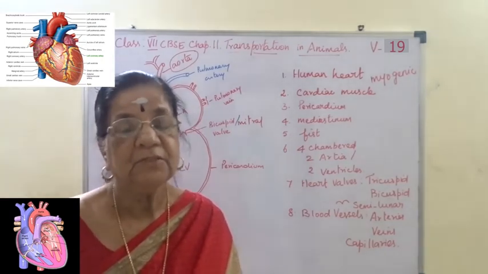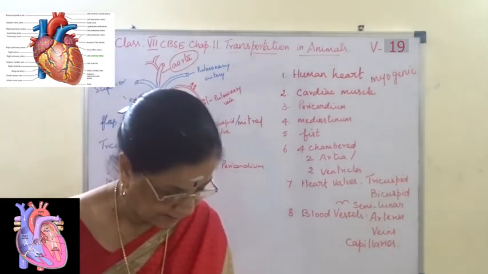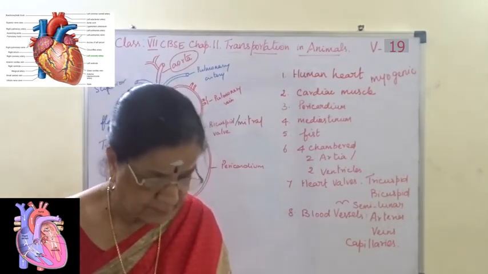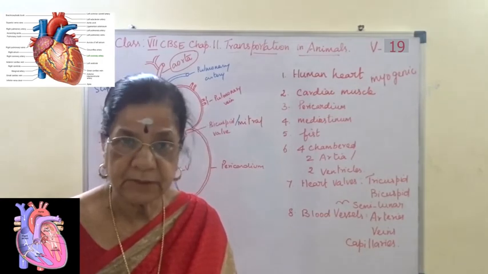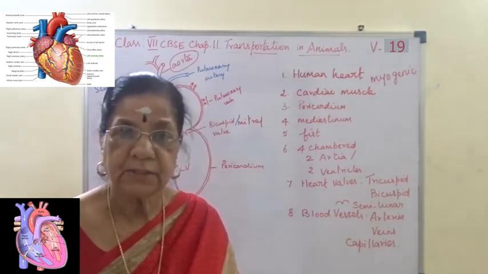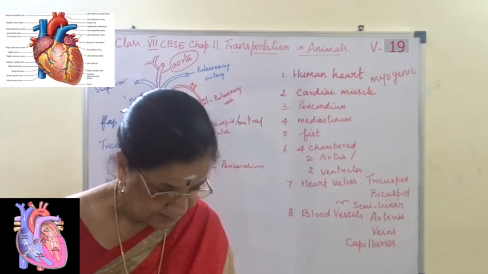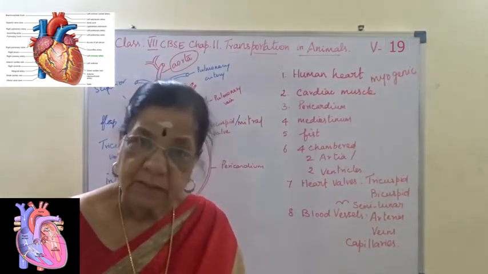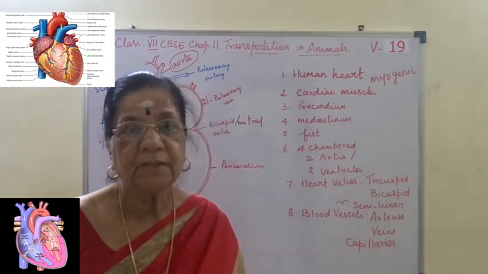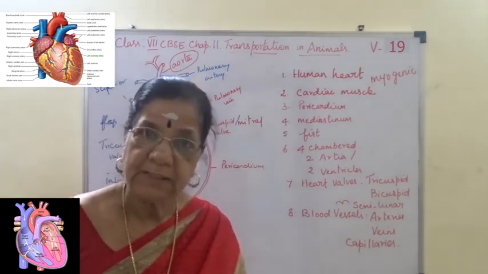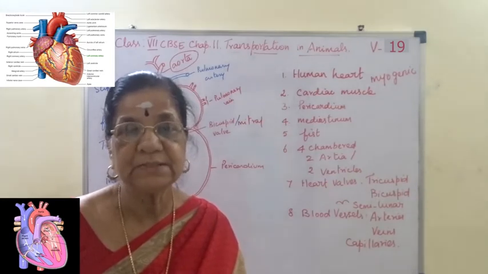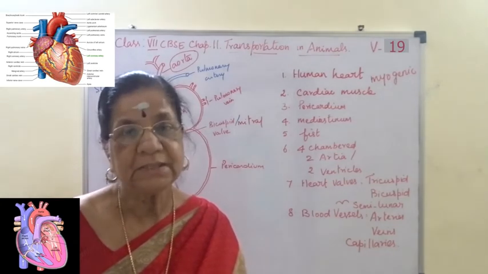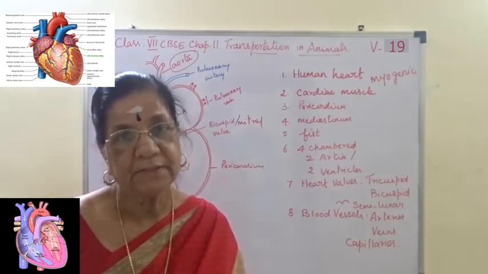So right atrium receives impure blood from superior vena cava, inferior vena cava, and coronary vein. Whereas right ventricle, it receives impure blood from the right atrium, and then it sends to the lungs through the pulmonary artery.